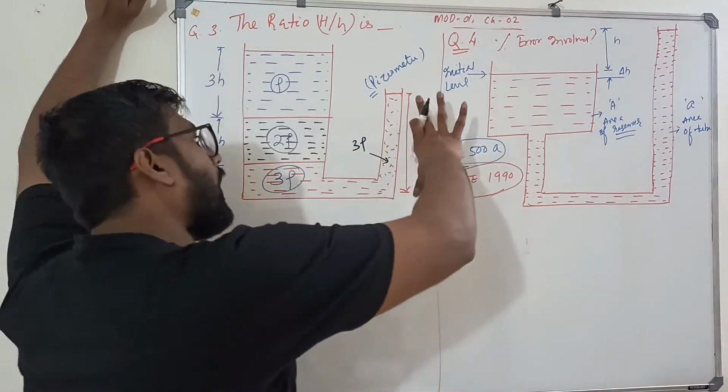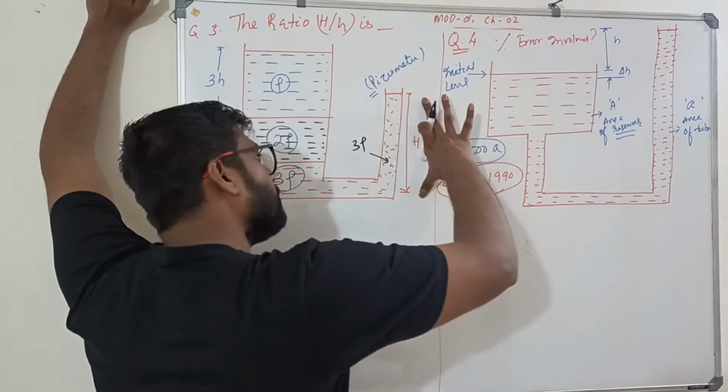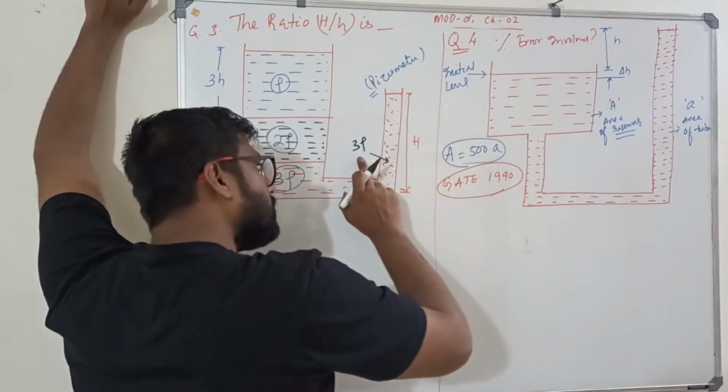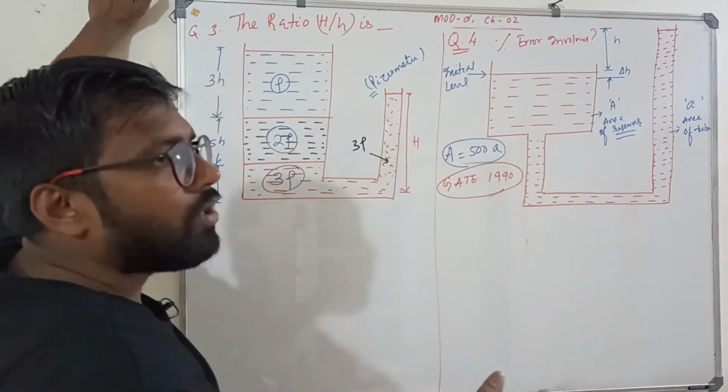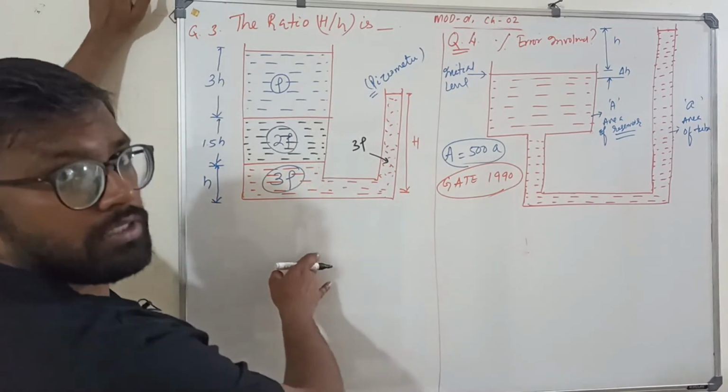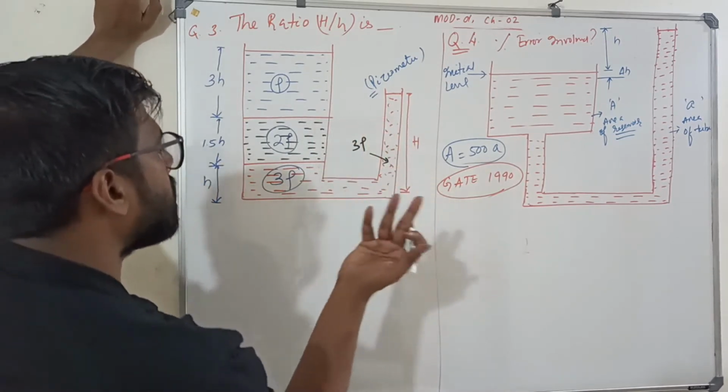So the height H of the piezometer, with density 3 rho, gives the total pressure which is here. Yes or no?